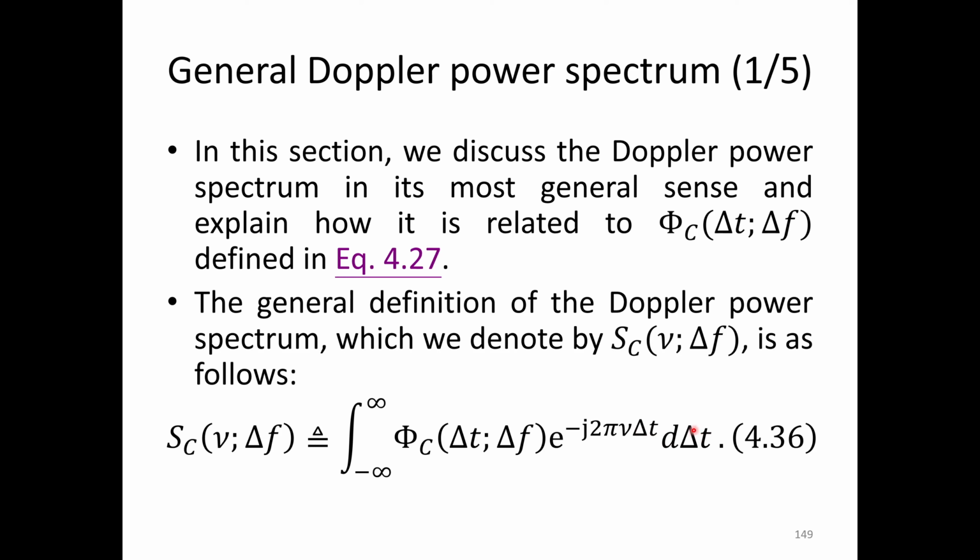So we can see that Sc of nu, delta f is the Fourier transform of phi c of delta t, delta f. Please note that the Fourier transform is taken on the variable delta t.